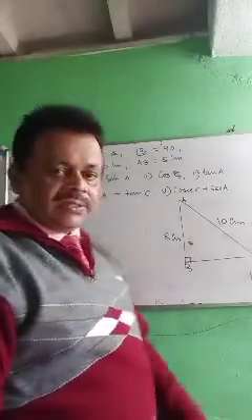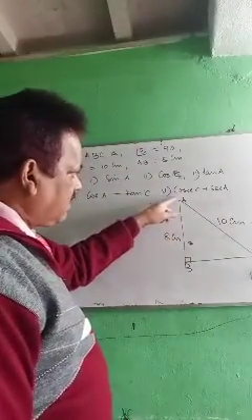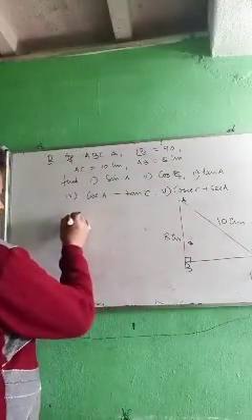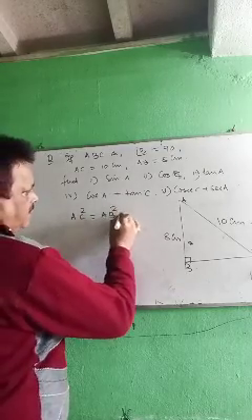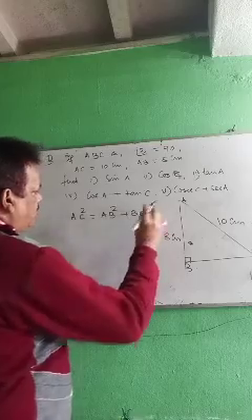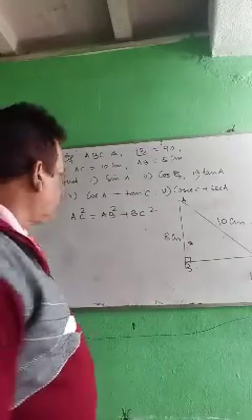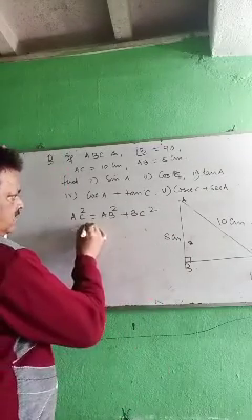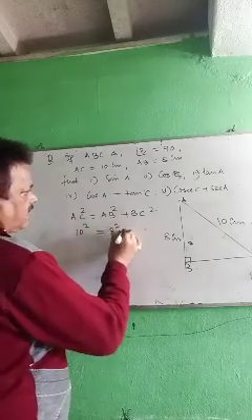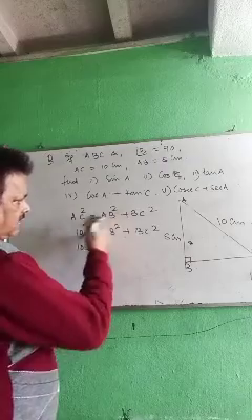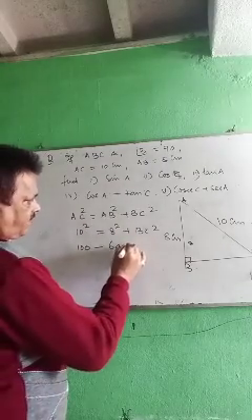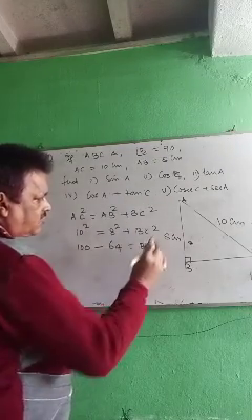First use the Pythagoras theorem. AC square equals AB square plus BC square. So 10 square equals 8 square plus BC square. 100 comes this side, minus 64, BC square.